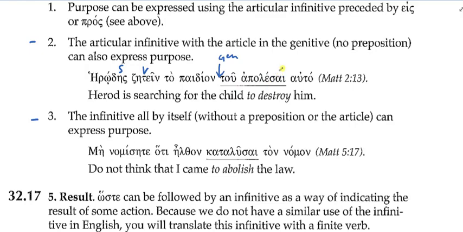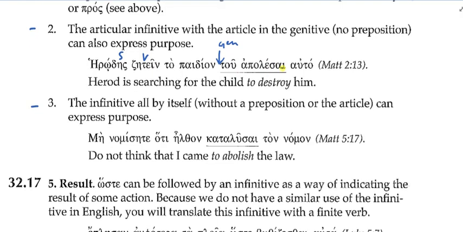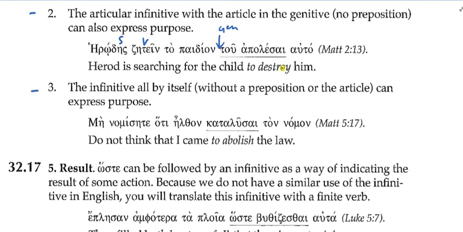And then number 3, the infinitive all by itself with neither preposition nor article can express purpose after a main verb. Okay? So in Matthew 5:17, Jesus says in the Sermon on the Mount, me namisate, do not think, hati, that, elthan, I came, this is my main verb, and then I just have an infinitive all by itself after that main verb, that I came to kataluo, okay?